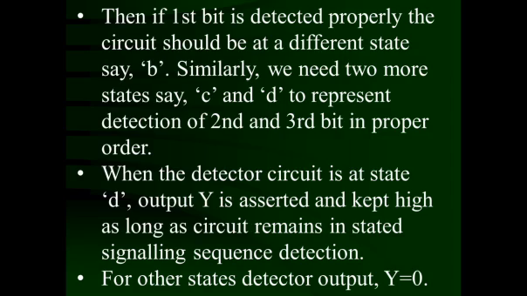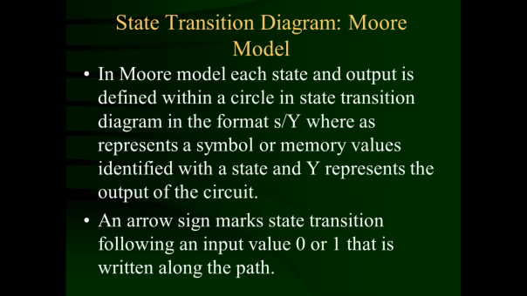In state C, only 2 bits are detected, not the complete sequence. So in state A, state B and state C, the output Y remains low. But when it goes to state D, then all 3 bits are properly detected, 1, 1, 0. It indicates that the proper sequence is detected and it will be signaling out. That means output Y will go high and that way the circuit is required.